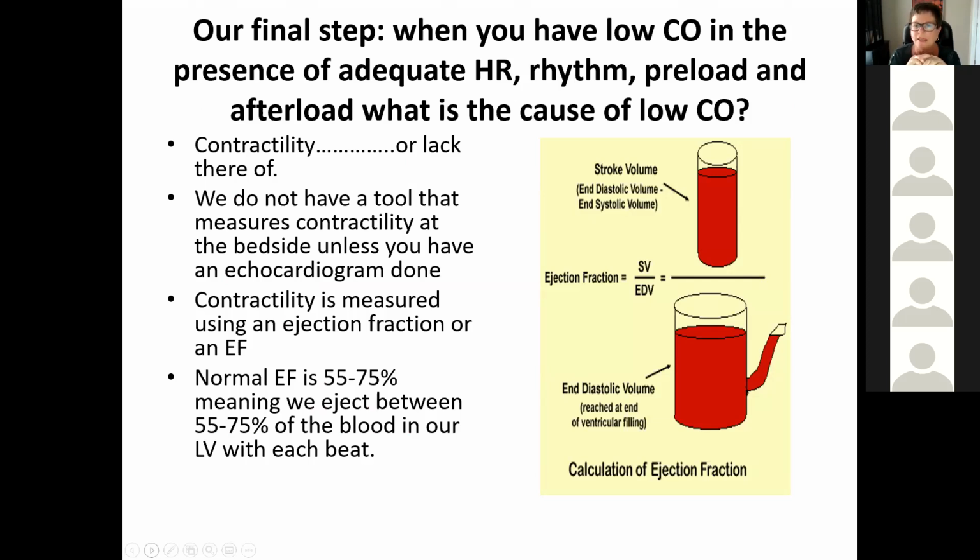But now I think, does he need a diuretic? Or if I made his heart pump more efficiently, would his body be able to rid itself of that volume? And so oftentimes when we think, geez, I'm not sure that too much volume is his problem.